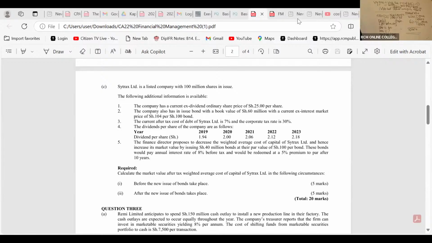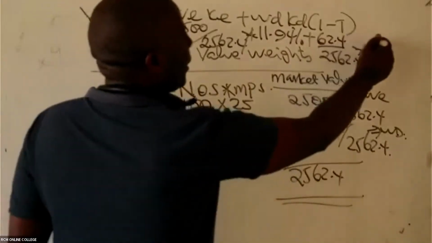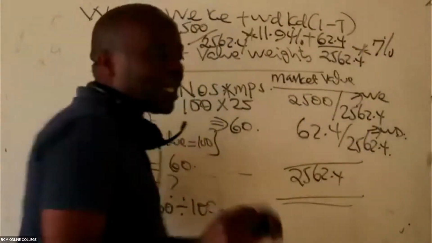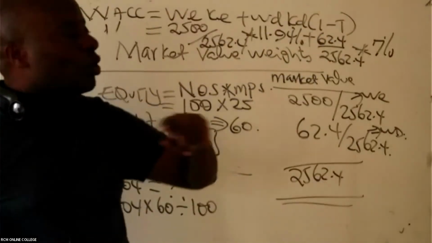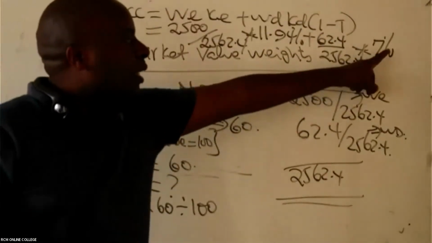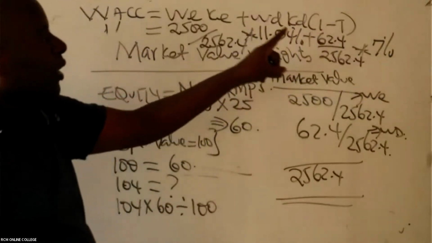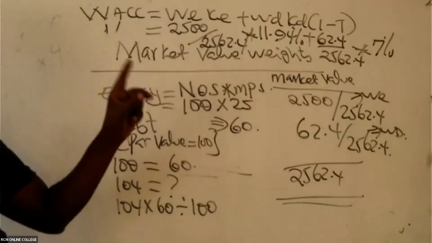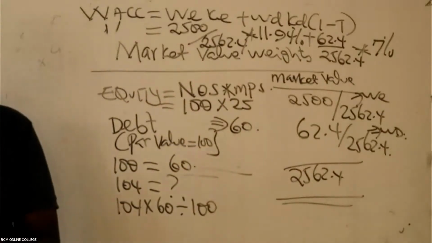So if it's after tax, don't do the tax adjustment again. Don't multiply this by 1 minus t, because this is after tax. It's already tax adjusted. So are you able to give me this WACC now?